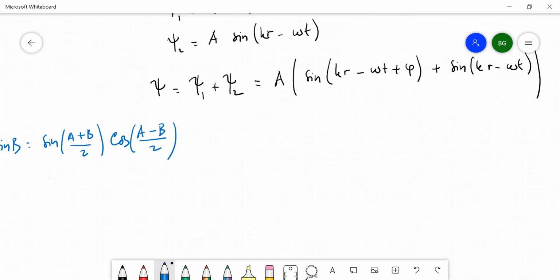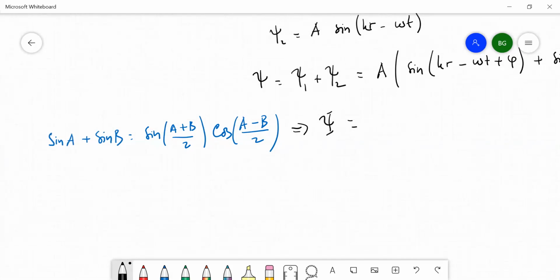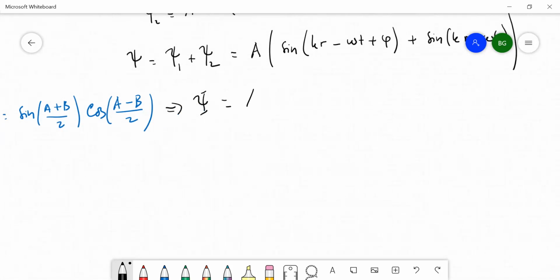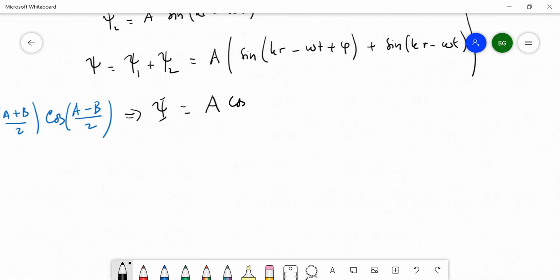So we will get that this C here is equal to this A times cos(v over 2) times sin.